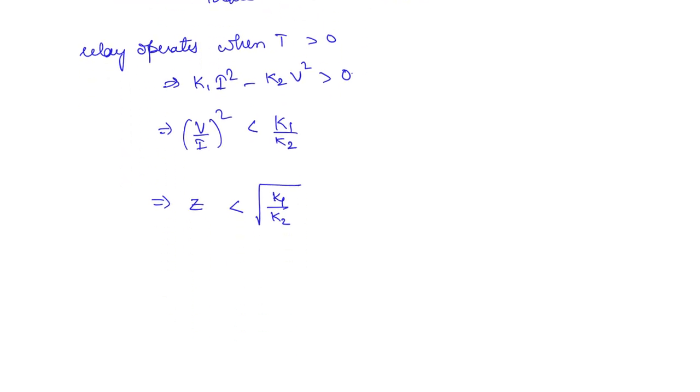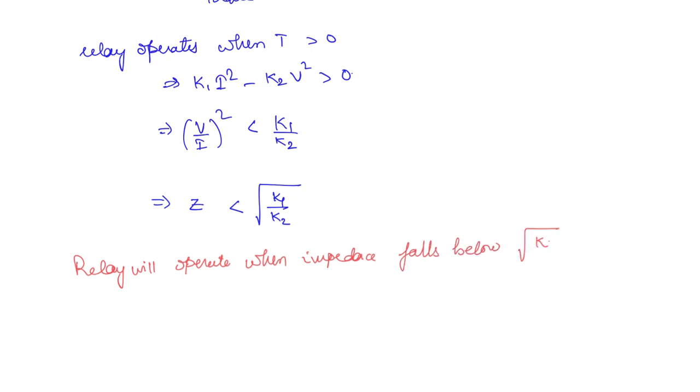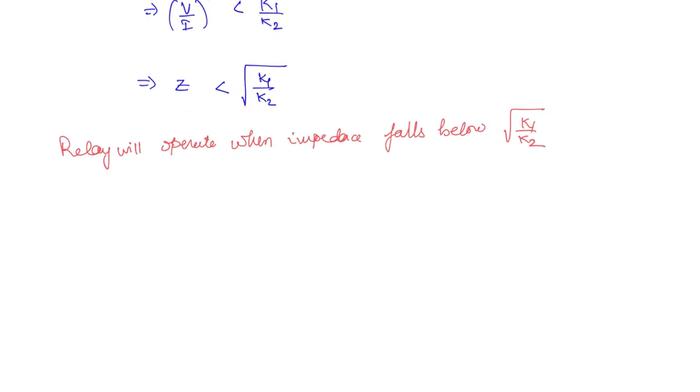So the relay will operate when impedance falls below root over k1 by k2. Okay, often it is represented with the voltage and current characteristics.